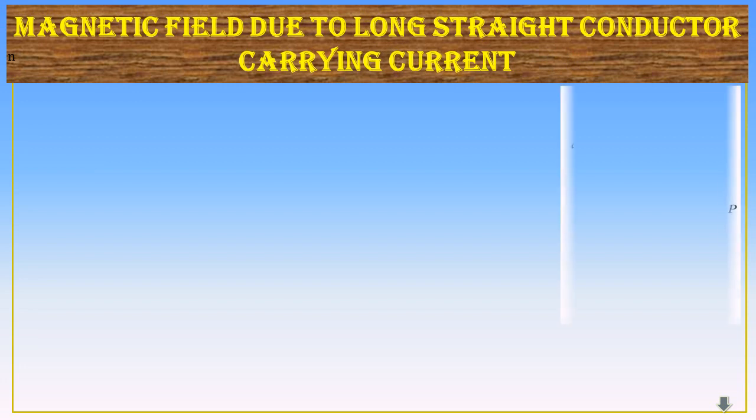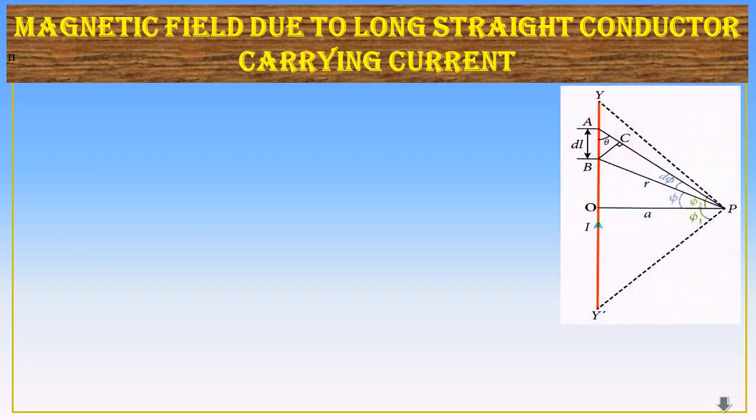Students, we are going to deduce the relation for the magnetic induction at a point due to an infinitely long straight conductor carrying current. Let me show a picture related to this question.